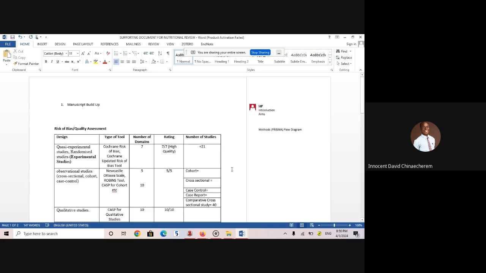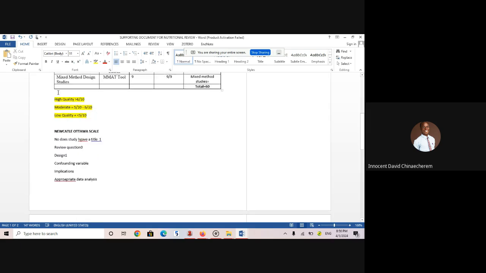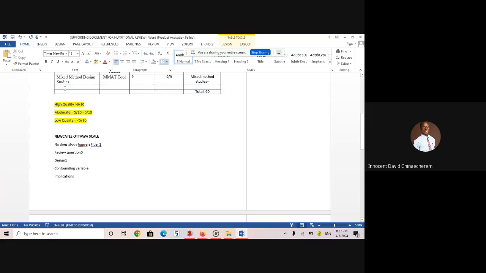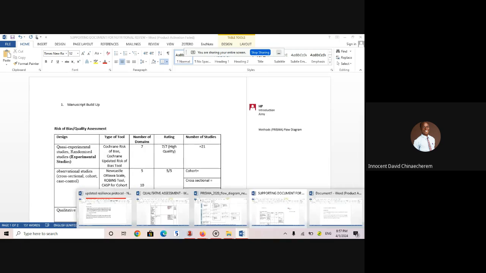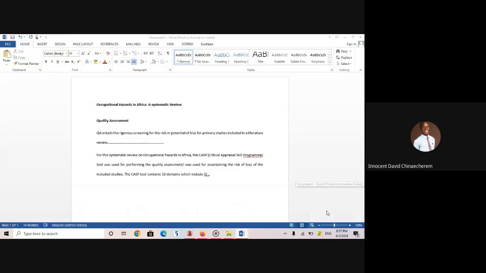For anything that is physiological evidence, we use what we call the PEDro scale. So these are the scales we use for quality assessment.